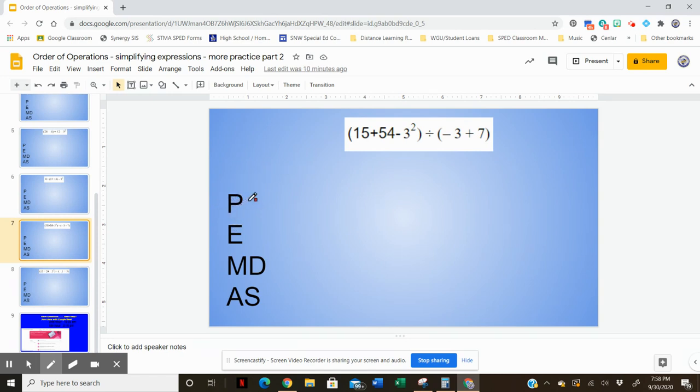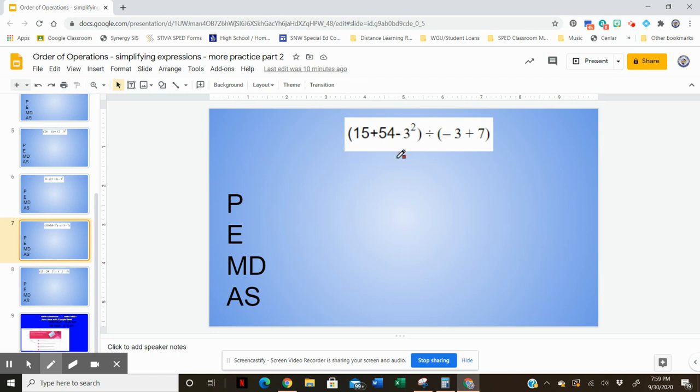I'm going to look at this first one. We have the parentheses. I have two sets of them, so I have to solve what's in them. Now this first one, there's multiple steps. So I'm going to refer to this order of operations so I know what order to solve inside the parentheses. There's no additional parentheses inside the parentheses, but there is an exponent.